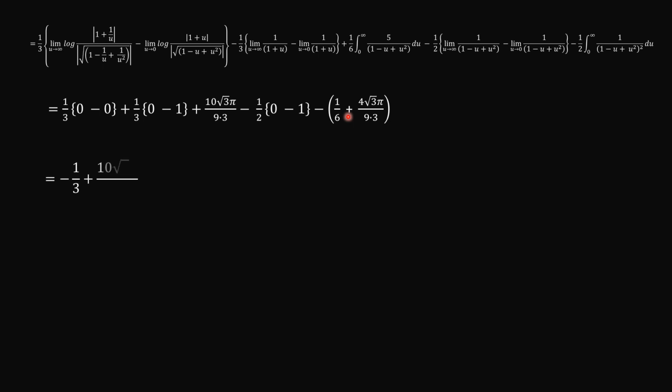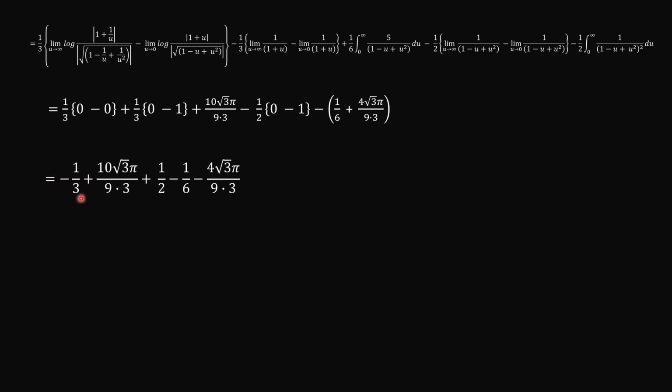When we clean up the expressions there, this becomes negative a third. That value remains, and then this becomes positive because we have a negative, so positive a half minus a sixth, and this negative interacts with this positive, so it becomes minus 4 times root 3 over 9 times 3 pi.